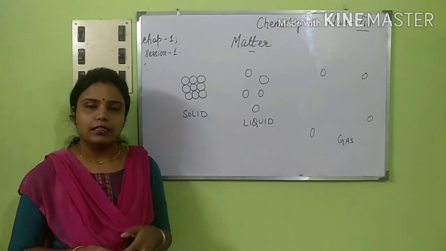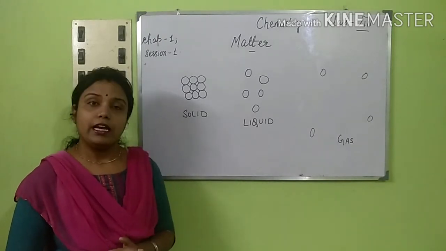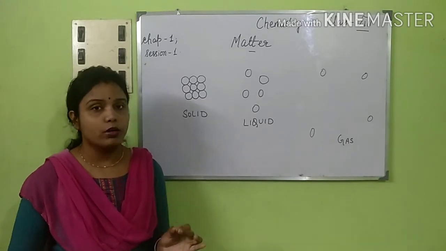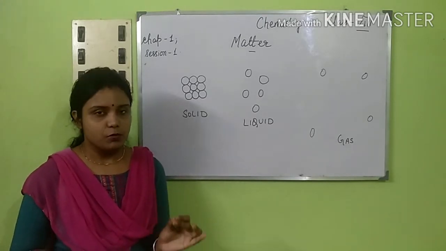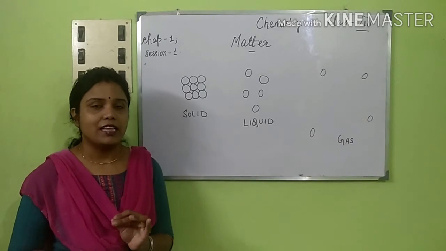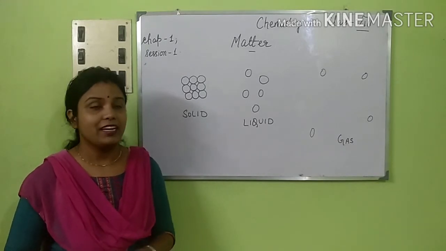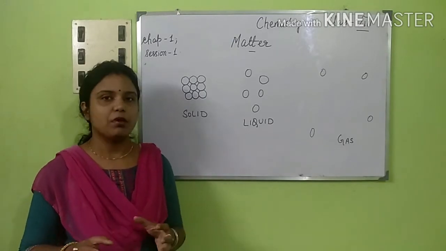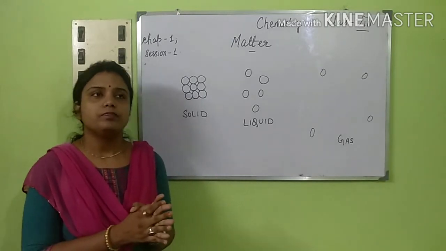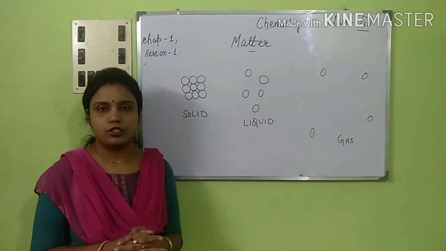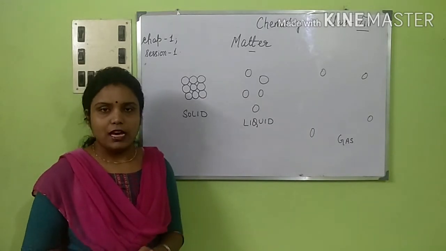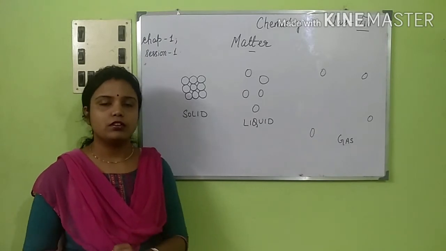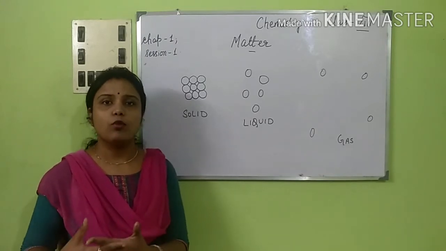Now this atom is the smallest indivisible particle which cannot be broken down. It is the smallest indivisible particle that undergoes a chemical reaction. It is not the molecules that undergo a chemical reaction. Suppose hydrogen is mixed with oxygen to form water under a particular condition. Whenever water is formed, this is a molecule.